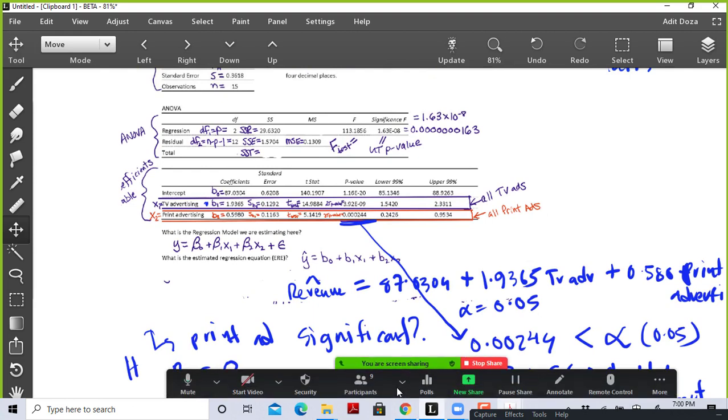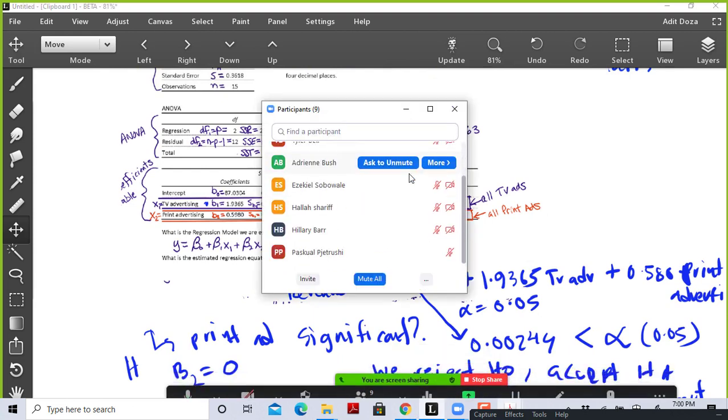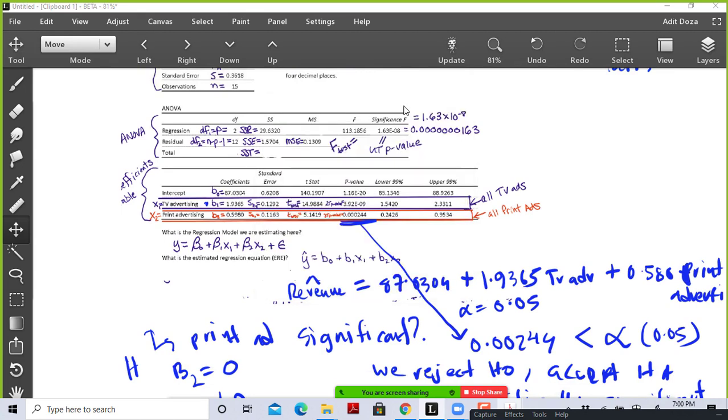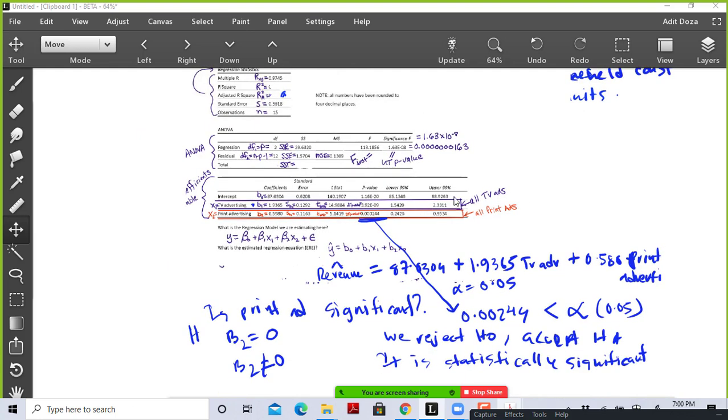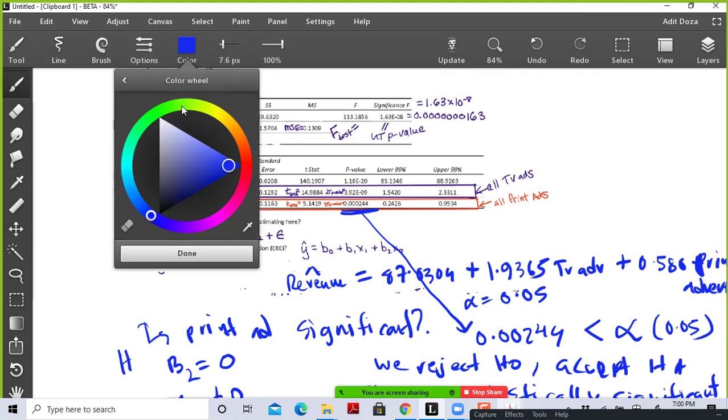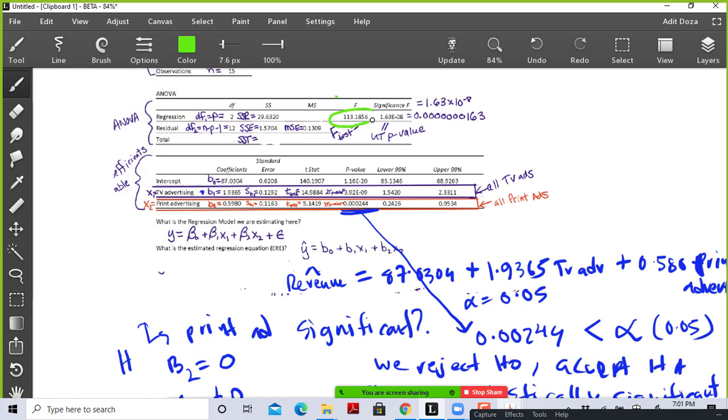Let me ask anyone who is a volunteer. Let me ask Hillary. Is it jointly significant? Yes. How do you decide it's jointly significant? The p-value. P-value from where? The F test, right? Yes. So you look at your F test, then you look at the p-value of the F test.